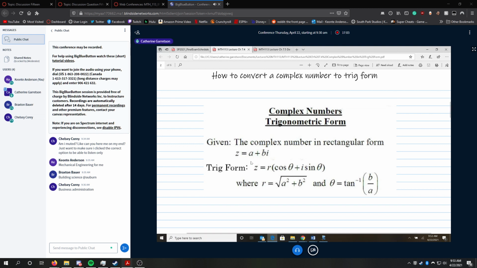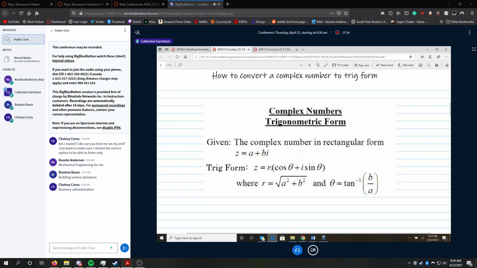Well, first of all, you're going to take the coefficient, your a, which is the real part of the complex number. Remember, a complex number is really a hybrid of a real number a plus an imaginary number b. The bi is imaginary, but we want to just use the b.